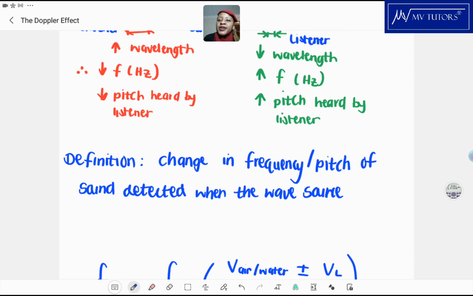So the change in frequency or pitch of the sound detected when the wave source and observer, listener, move relative to each other.